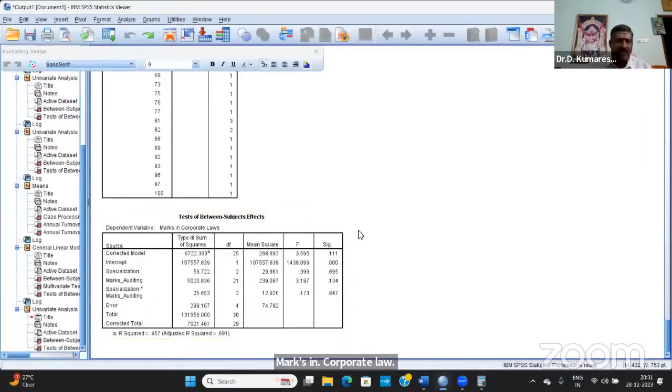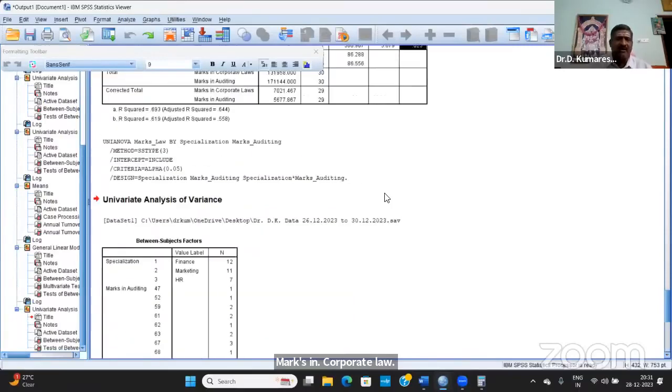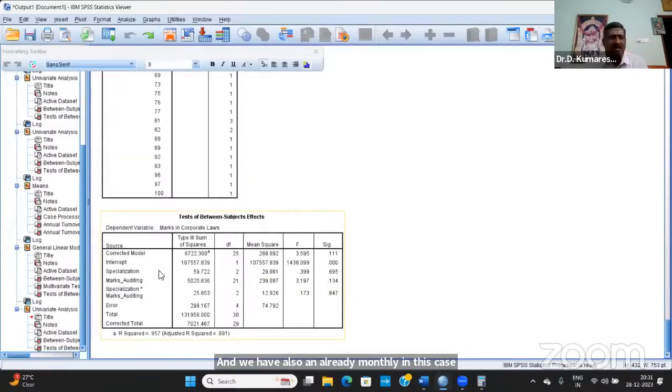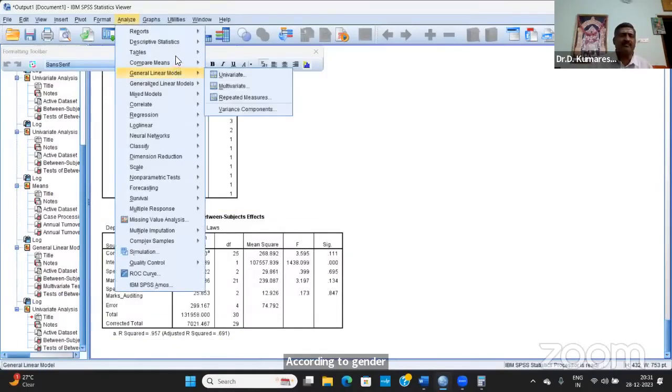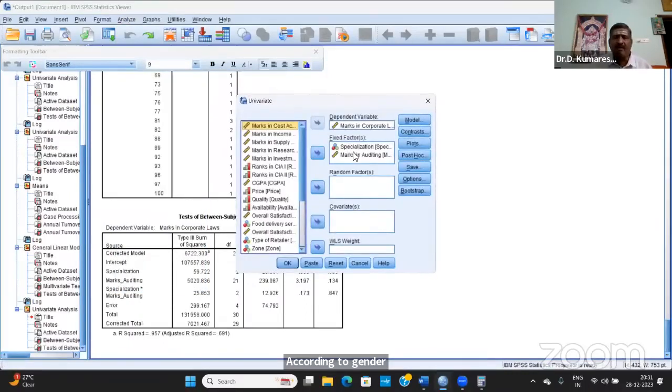We have chosen auditing only in this case. So marks in auditing varied significantly according to gender and specialization.